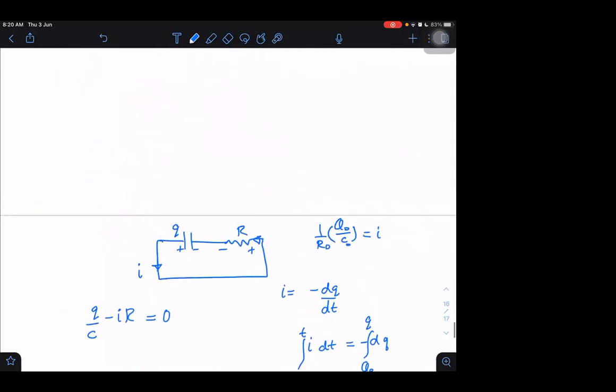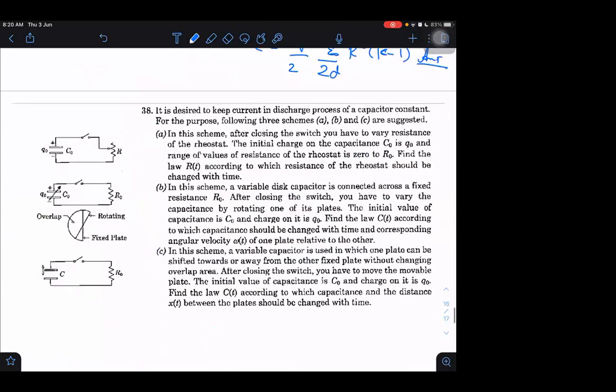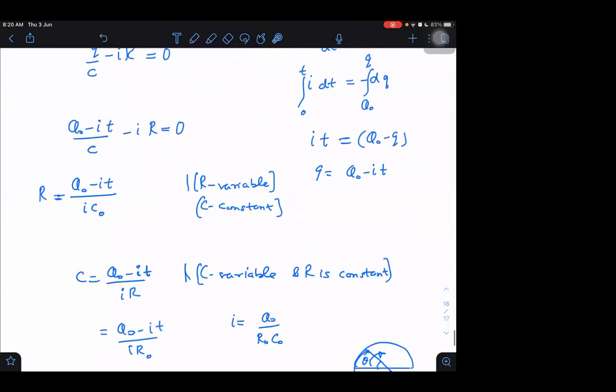Is the area increasing or decreasing? I think it is decreasing. First it was completely overlapping and then this area is decreasing.